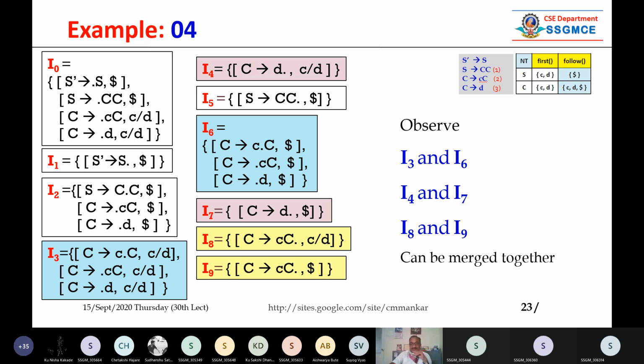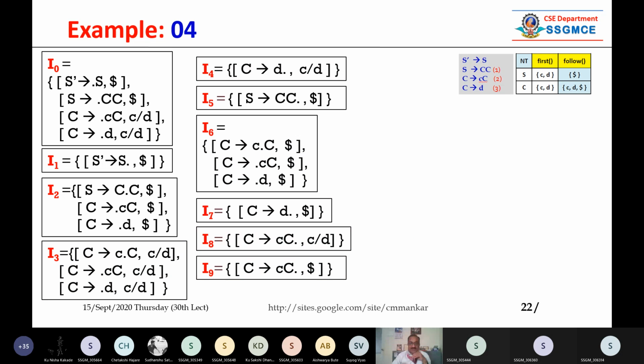Now you have to observe this. The problem is that if your number of sets is more, for example here 0 to 9 is there, but there can be some grammar where there can be 24, 25 sets or states. So it is very hard to manually compare the states. Please note this thing.